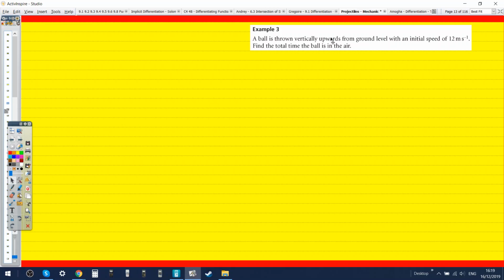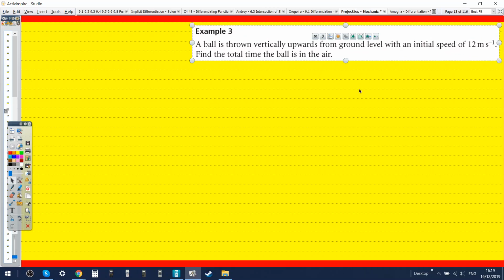Okay, how about this? So we know u. So that's 12. Would the final velocity v be minus 12?